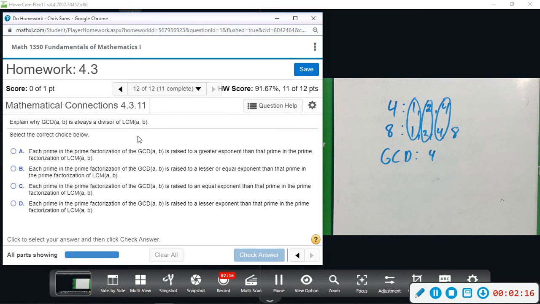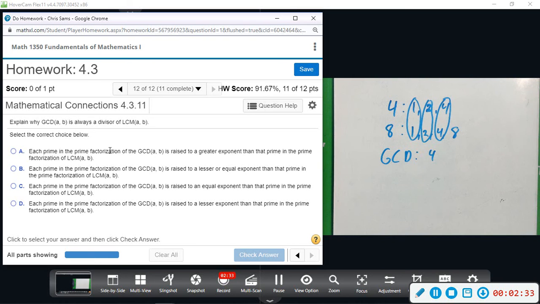And then 12, it says explain why the greatest common divisor of A and B is always a divisor of the least common multiple. So let's look at the options.